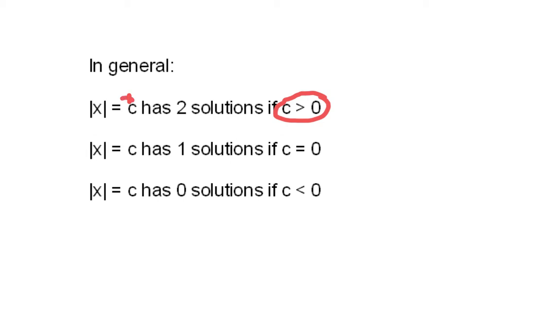If that number is equal to 0, it's only going to have one solution, because there's only one number that will be that far away from 0. If that equation is equal to a negative number, some number less than 0, then it will have no solutions at all. So our possibilities here are no solution, one solution, or two solutions. Those are our only options for an absolute value equation.